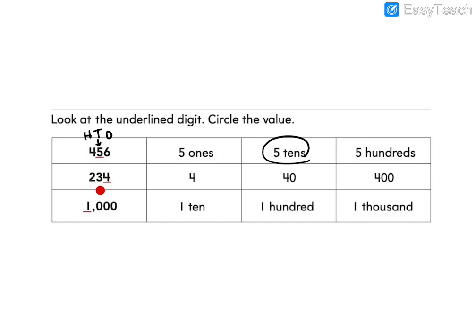Now go ahead and circle the value of the digit 4 in 234. You should have circled 4. Its value is equal to 4 or 4 ones. Now finally, circle the value of the digit 1 in the number 1,000. You should have found it was equal to 1,000.